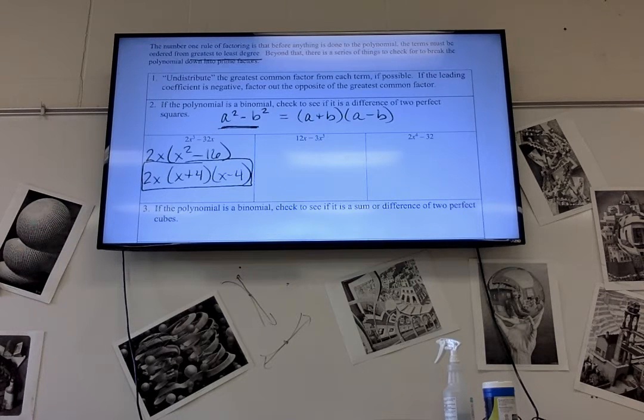For the next one, it's not in the order that we would prefer. So let's put negative 3x cubed first, and then positive 12x, so that we are in order from greatest to least exponent. Degree is what that is. Jose, what do I factor out?